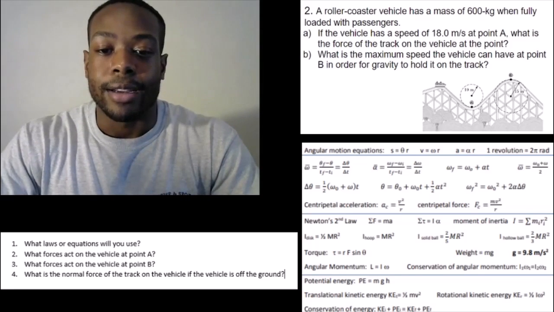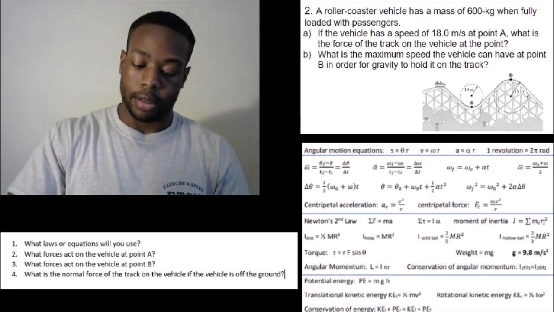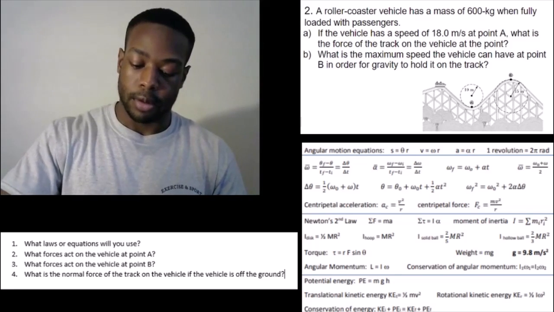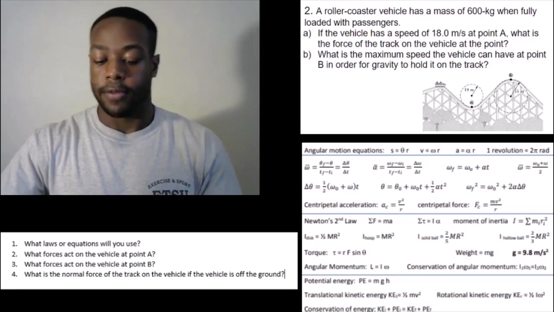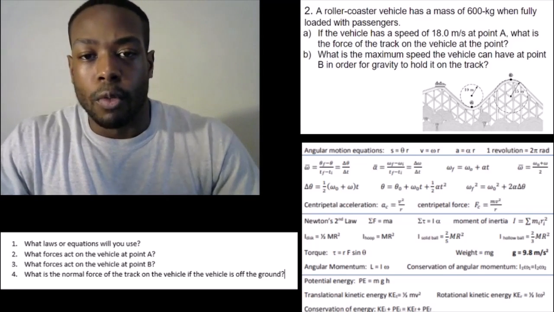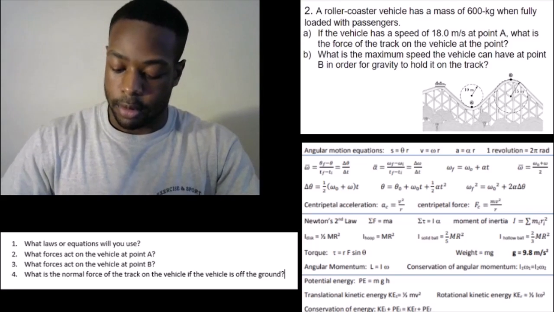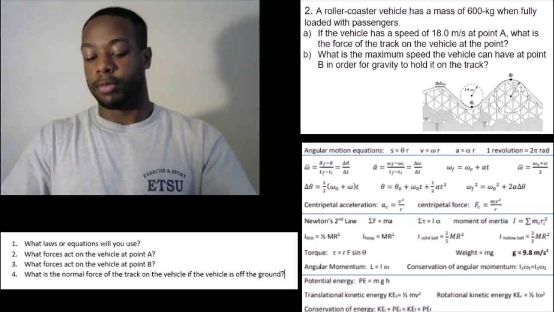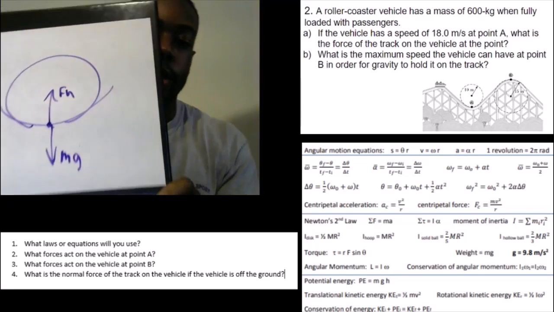What forces act on the vehicle at point A? You can actually draw it. So you should have on your diagram one force going up, one force going down, right? It's not overly difficult. One force going up, a weight going down, right?